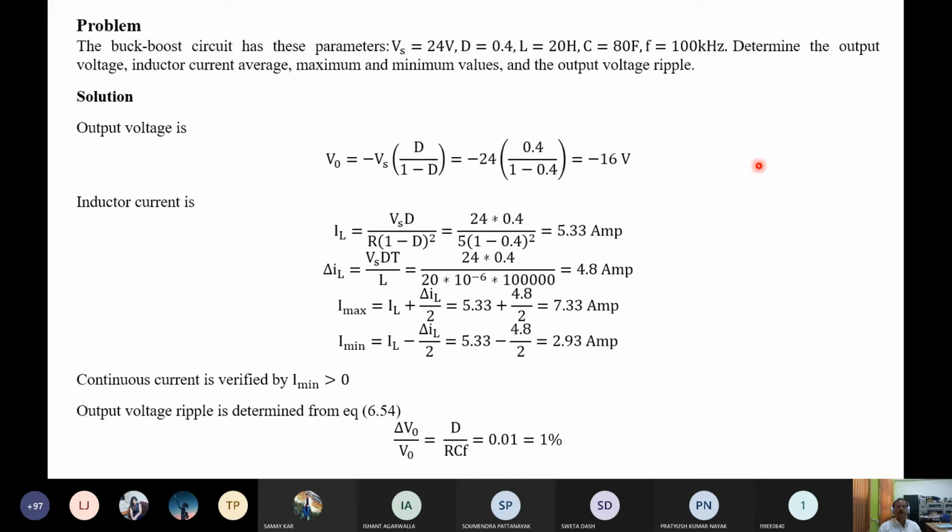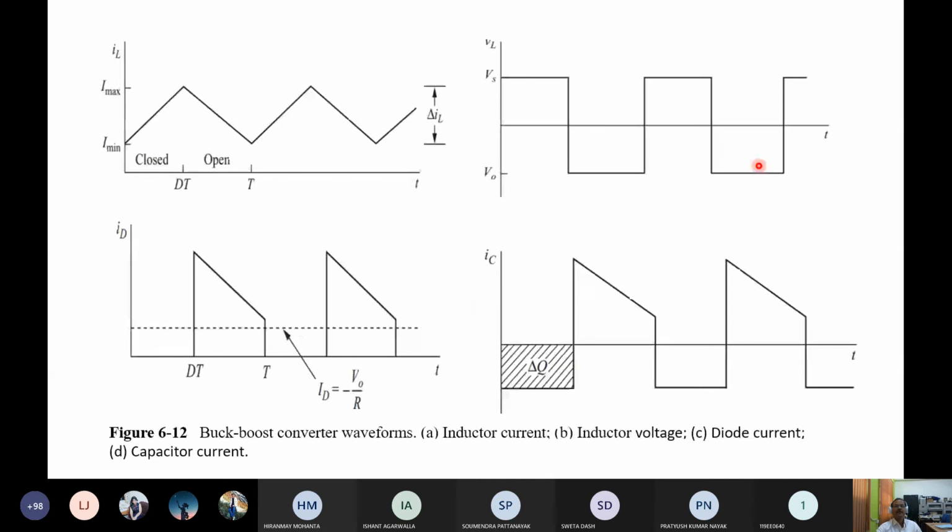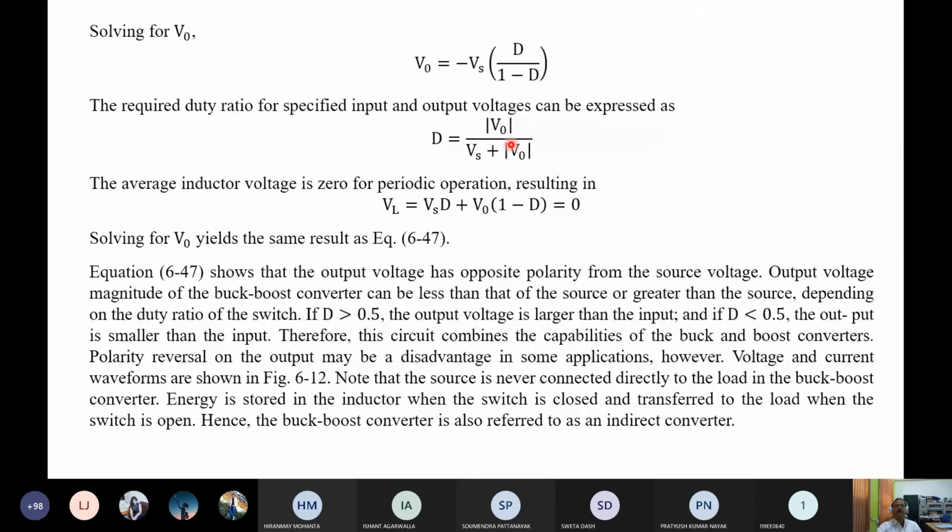What is the value of T, capital T, here? Not given in this problem? No, sir, in this problem, not the previous theory part. The theory part is derived from the output voltage, input voltage. From here it is derived, no? This is given. So how much D do you derive? D is equal to V naught over Vs plus V naught.